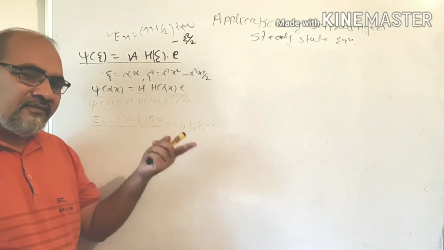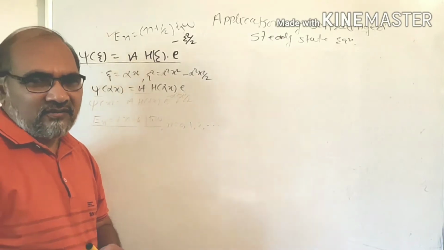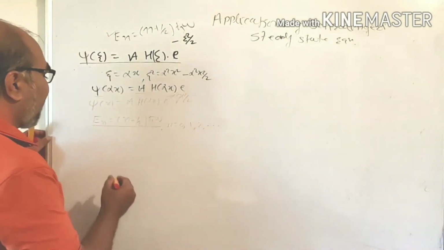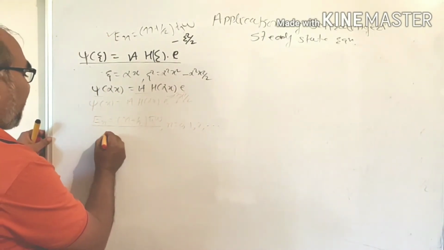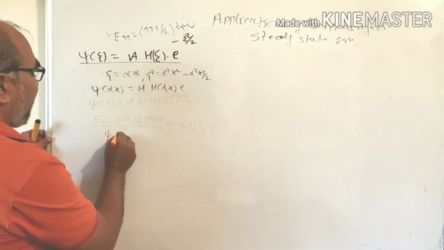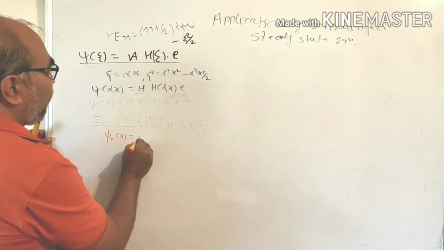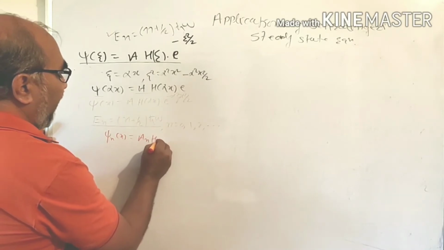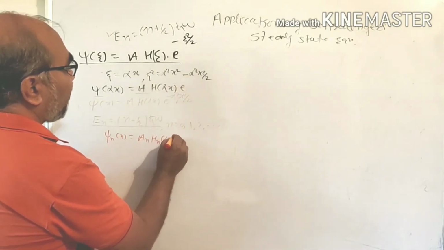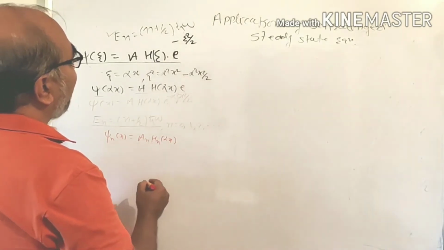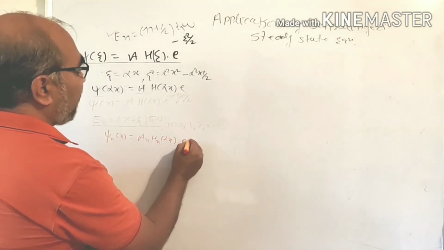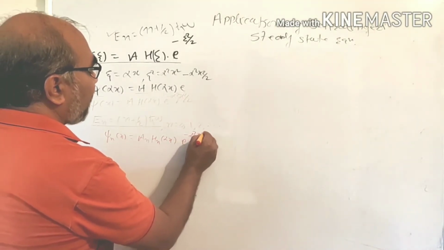So there is a different equation for psi n, and that can be written as psi n of x is equal to An Hn of alpha x e raised to minus alpha square x square by 2.